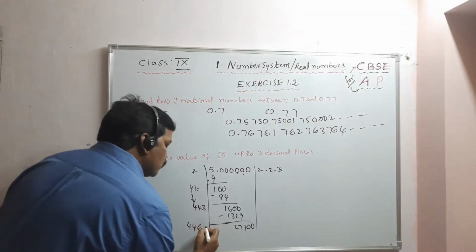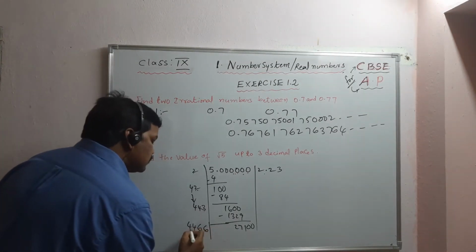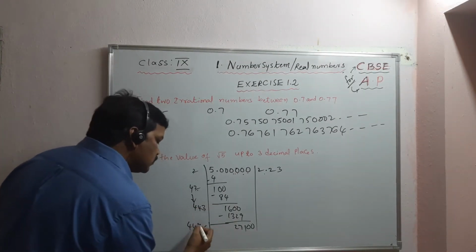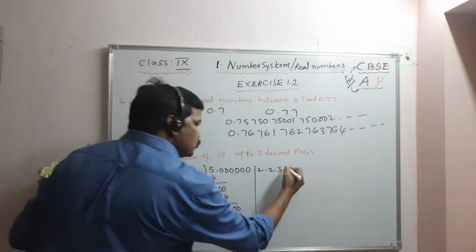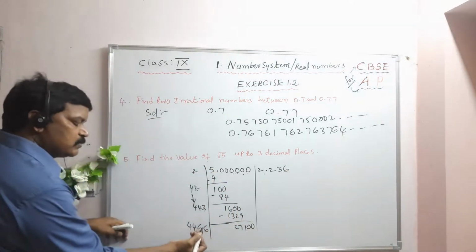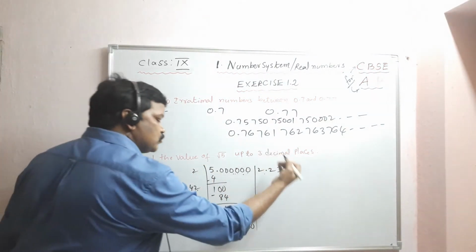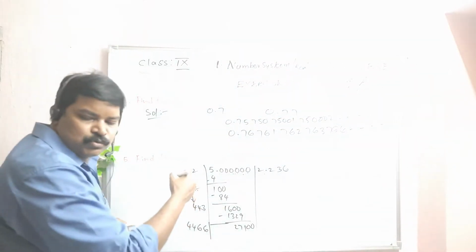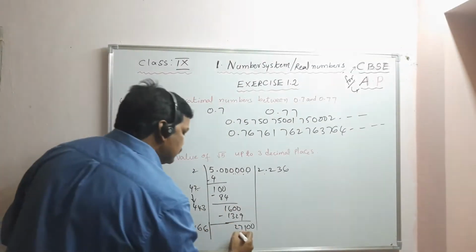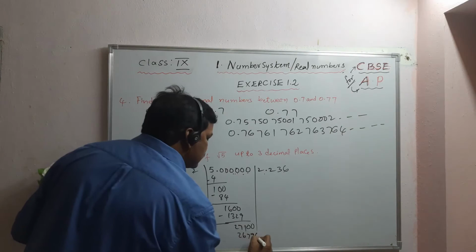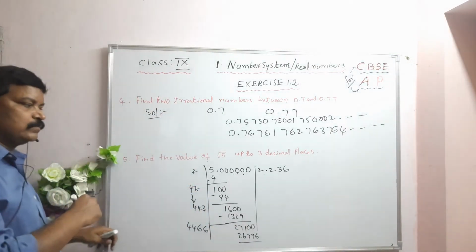So here 4466 into 6, that is equal to 26,796, something like that.